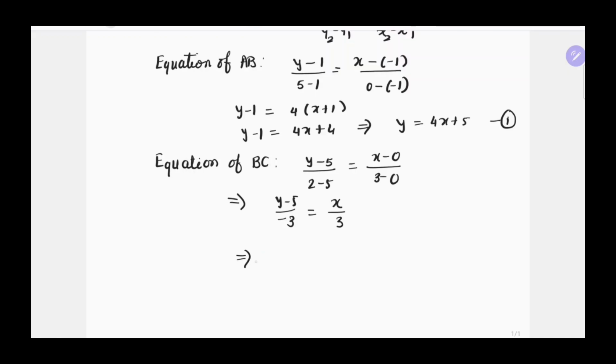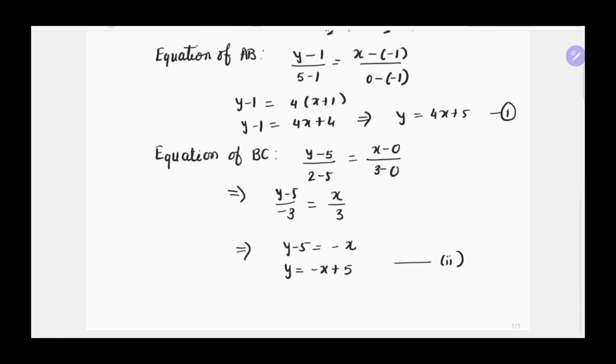Here 3 cancels, so y minus 5 is equal to minus x. Now I write the equation in terms of y, because we are finding the integration using integral y dx. So y is equal to minus x plus 5. That is my second equation, the equation of BC.